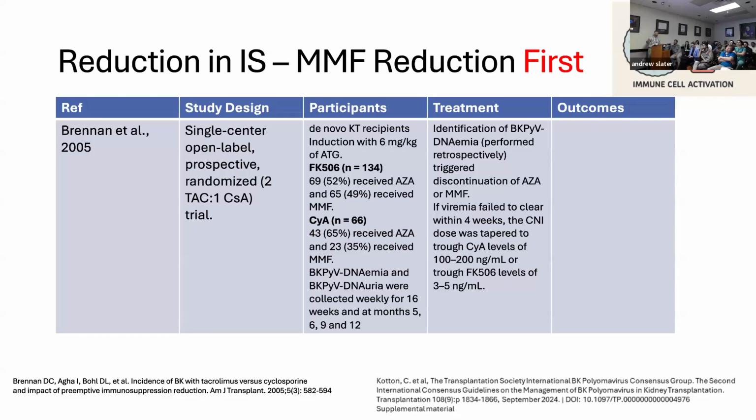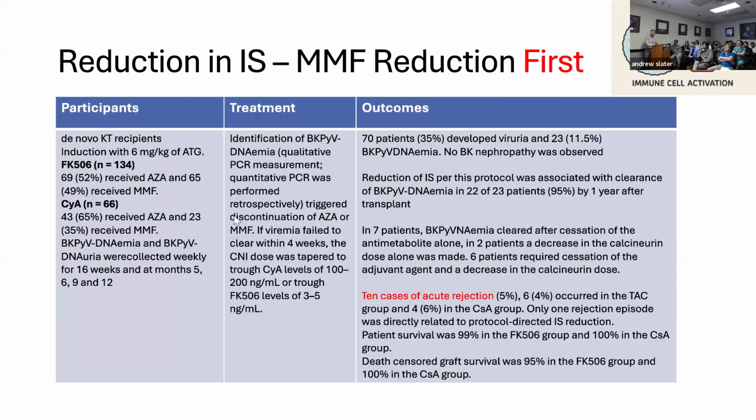MMF reduction first. If viremia failed to clear within 4 weeks, then the CNI dose was tapered to these trough cyclosporin and these trough tacrolimus levels. Okay, and then they report various outcomes. I don't really want to go into the details here because it's not really my point.